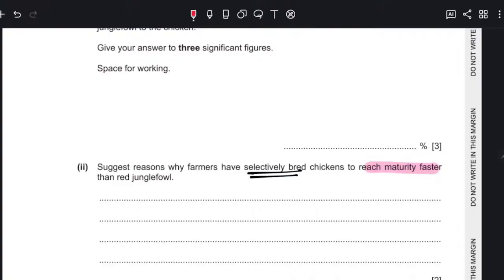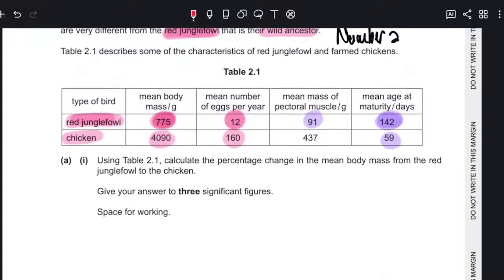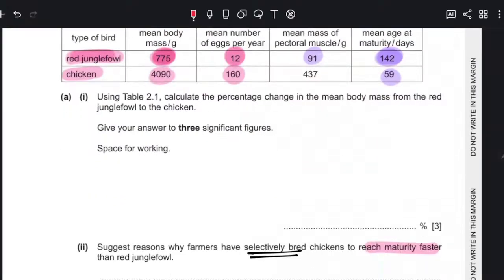So if we are to write, why do farmers selectively breed chickens? In other words, this is so simple. They're saying, what characteristics were being desired by farmers here? If we look at the body mass, you can see that chickens have more meat than red jungle fowl.